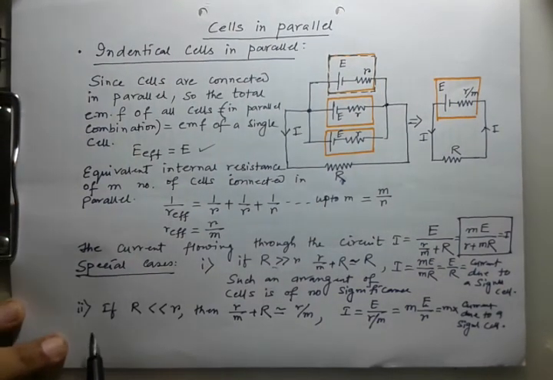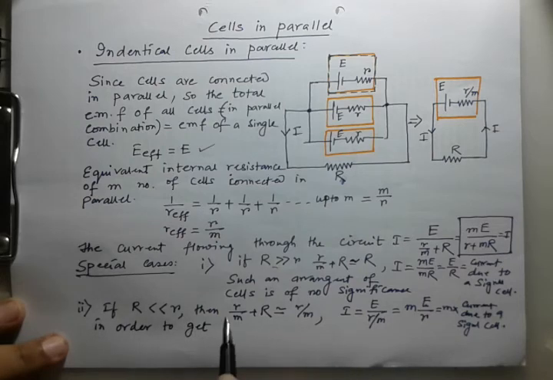So in order to get a large amount of current, you can do this type of connection. A small external resistance will be connected.